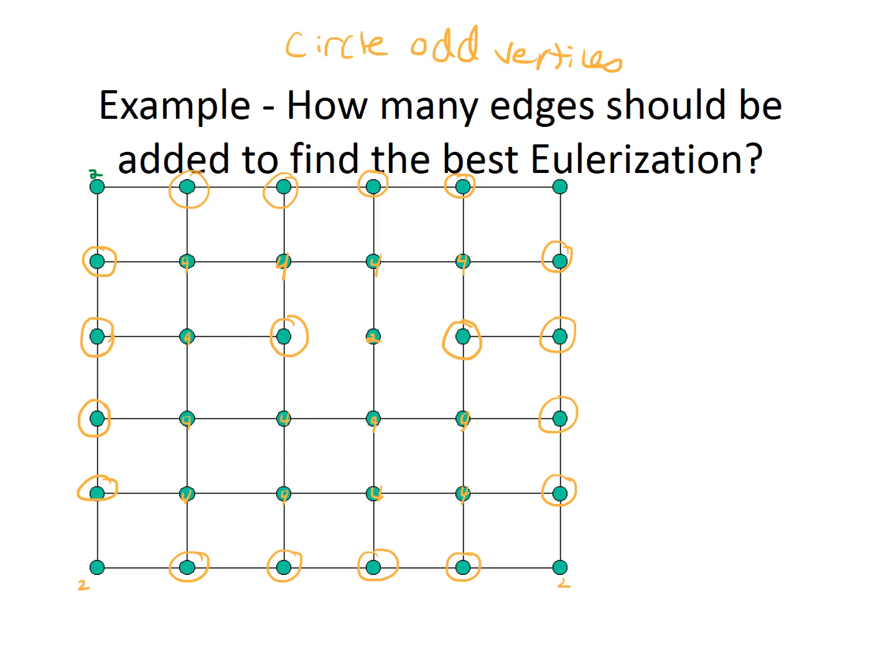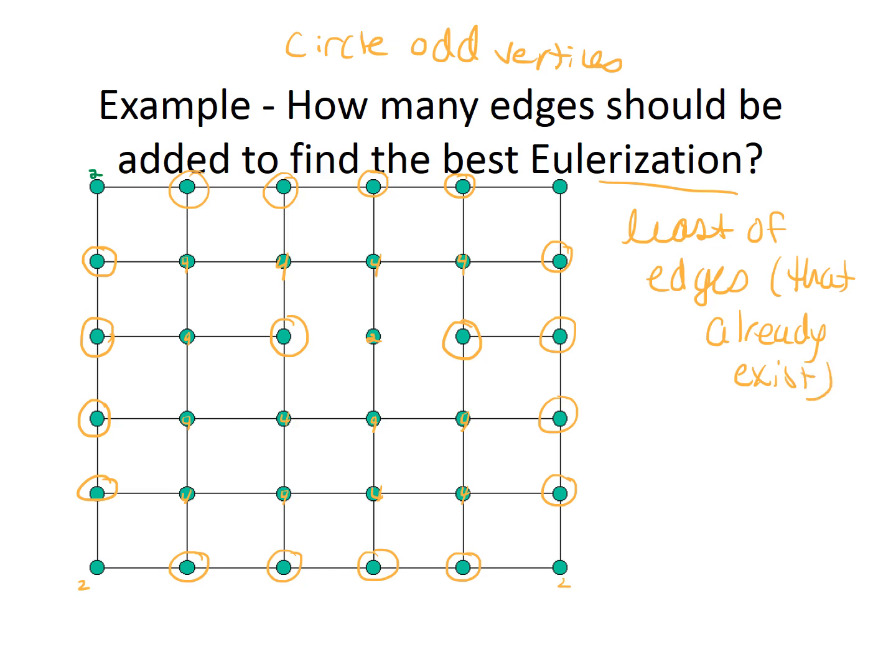So we want to do the best Eulerization, which again means the least number of edges that we're going to add that already exist. So you can kind of see with the ones that we've circled, again, you connect 2 odds to make them both evens because you're creating an edge out of each one.